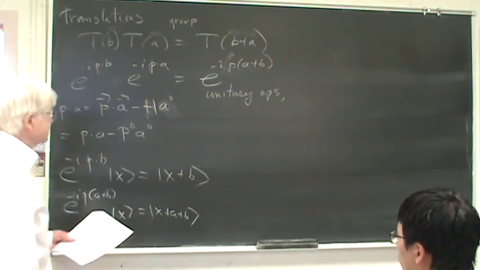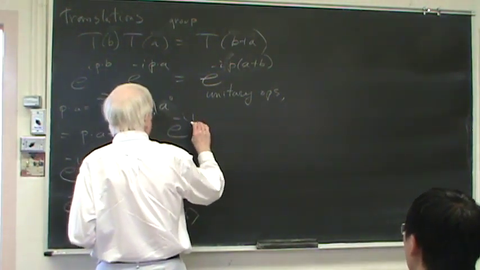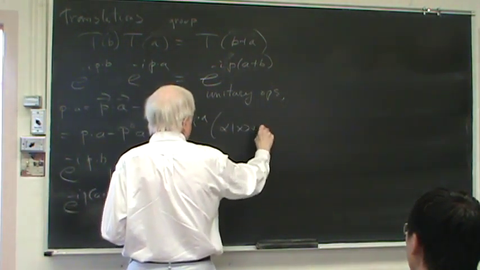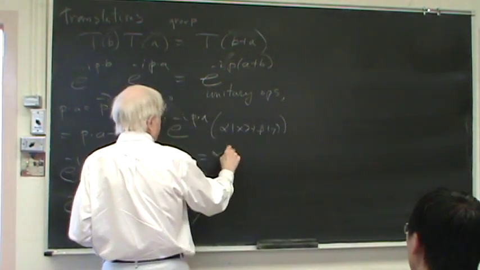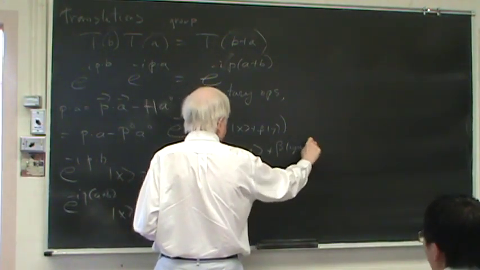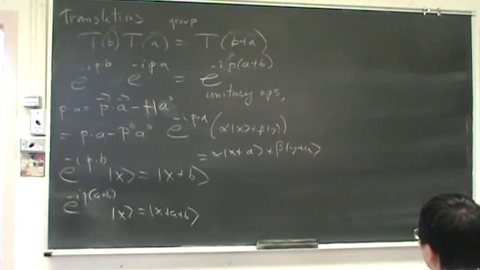This is linear and unitary in the sense that e to the minus i p dot a on alpha x plus beta y is alpha (x plus a) plus beta (y plus a). Okay, so this is what we mean by representations of this simple group of translations. This, of course, is an abelian group.